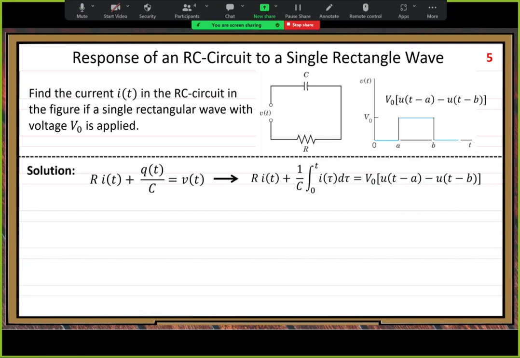Anyway, all right. So specifically, we have this representation.